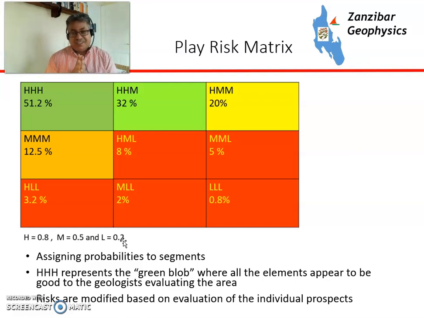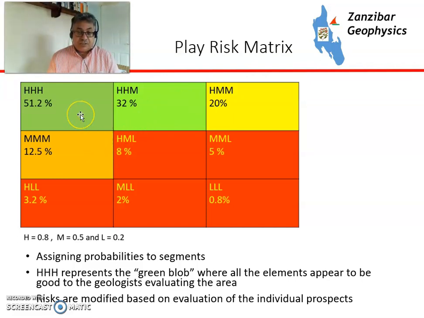Now, for a lot of people, that doesn't sound like very low risk, but this is exploration. And something where everything looks negative would have a chance of success of less than 1%. So you'd start writing these areas off, but you still look at some of these. And the risks would then be modified by individual prospects.